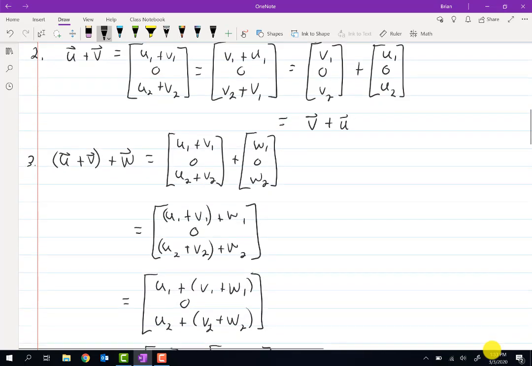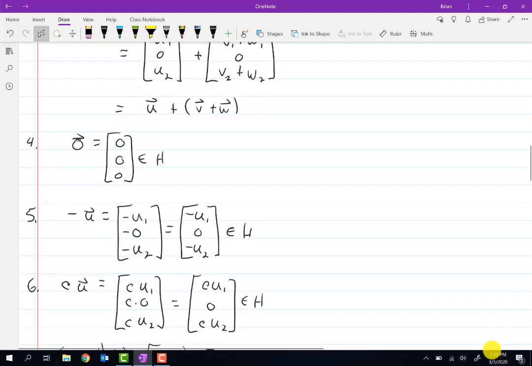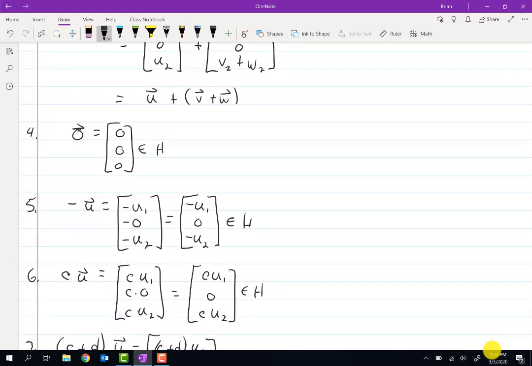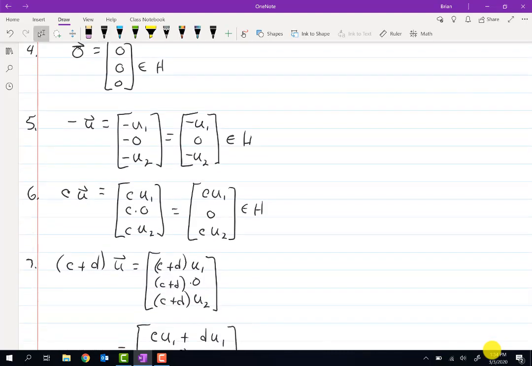The same thing with associativity. The 0 vector, that had to be in H. If the 0 vector didn't have a 0 in that slot in the second component, then I would fail item number 4, and H would not be a vector space without that. So this fact right here very much relies on it being in H. Now let's look at some other things. The negative of U is also in H, and CU is in H. So these are crucial because all of these mention H specifically.